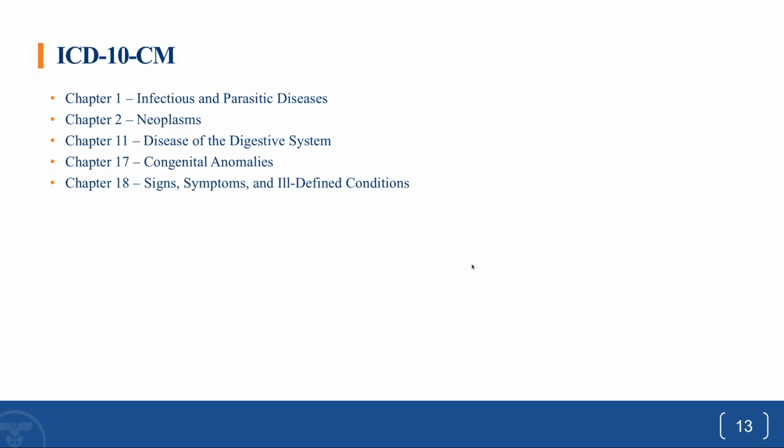Okay. So digestive system, what are the chapters as far as ICD-10? Of course, chapter 1, infectious and parasitic diseases. We also know chapter 2 is going to be for your cancers with neoplasms. Chapter 11, there actually are no coding guidelines for the digestive system.